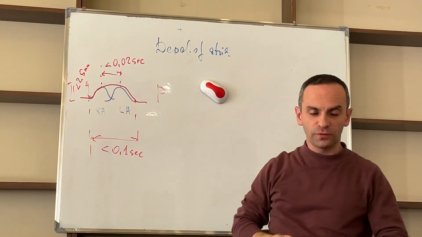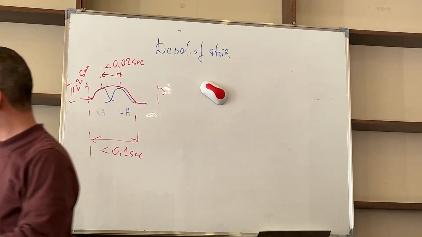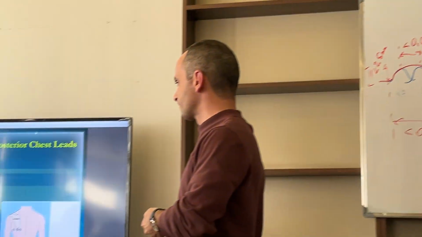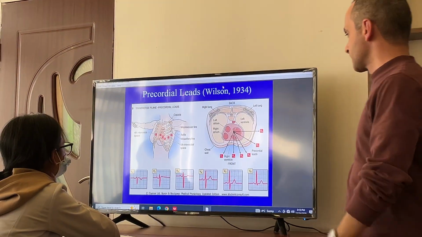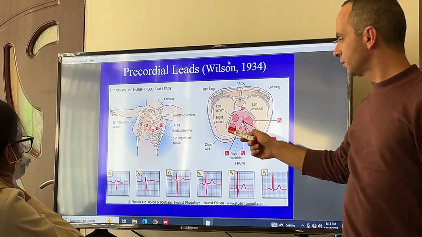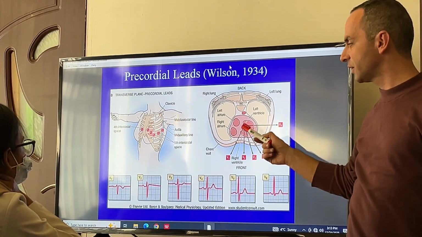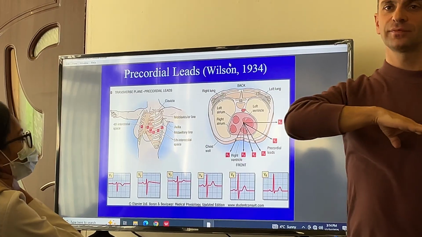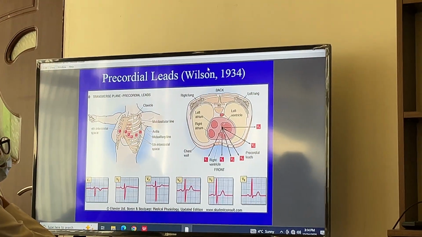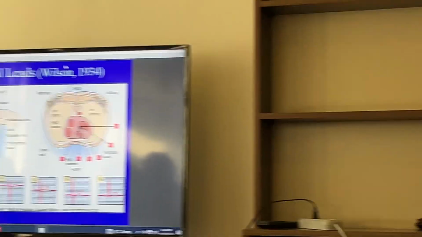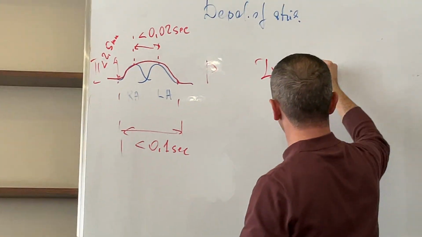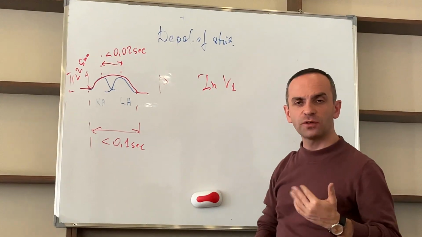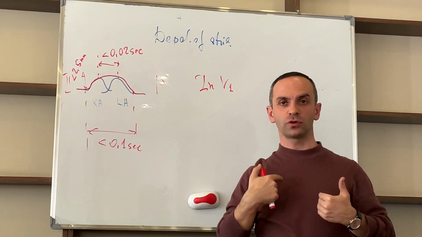But if we look at the V1 recording lead, this is the right atrium, this is the left atrium. The left atrium is behind the right one. So in V1, the depolarization of the right atrium is towards the active electrode.